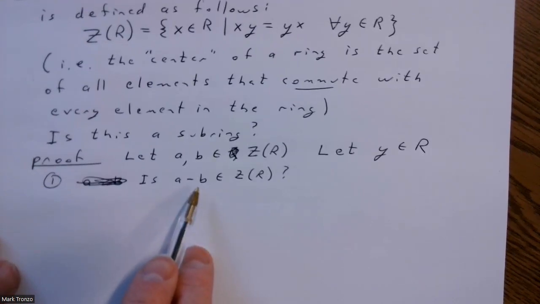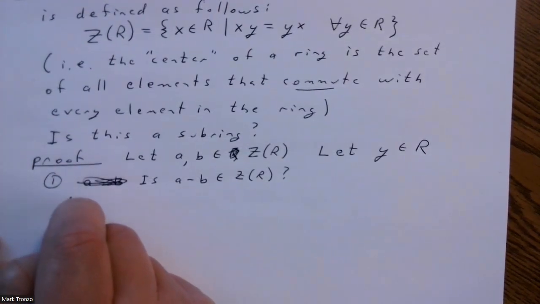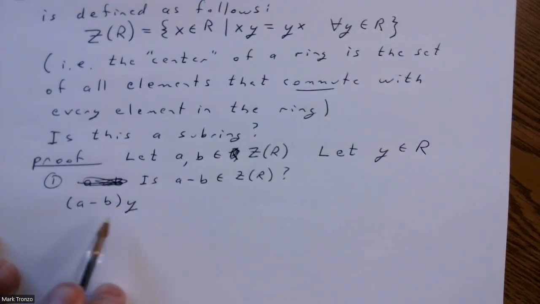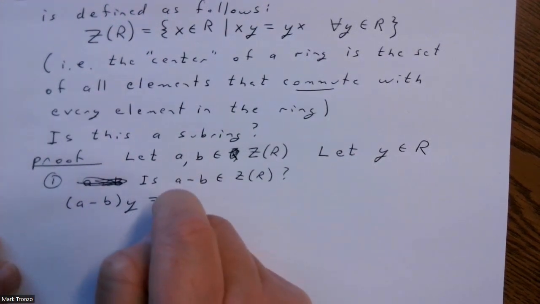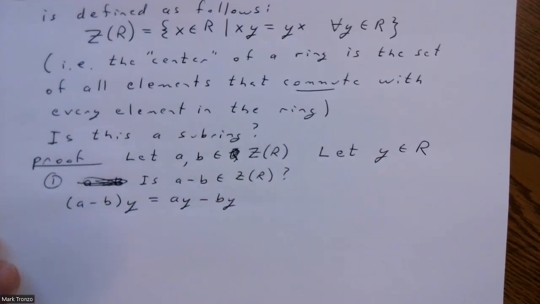Because that's what our subring test always is. We're taking the difference and seeing if that's in the center. So if we try to commute it, if A minus B truly is in the center, then this should be equal to Y times A minus B. Let's go through the steps here. We have AY minus BY.